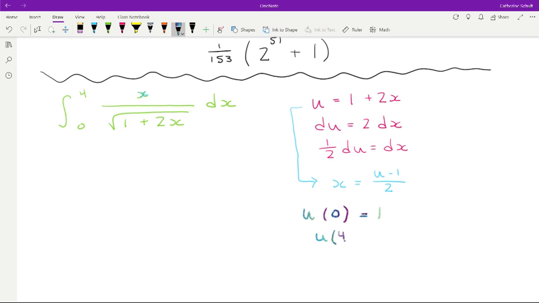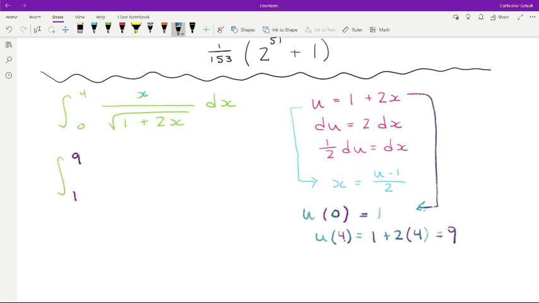And when x is equal to 4, again, I'm just using that formula, 2 times 4 is 8, plus 1 is 9. All right, so let's go ahead and substitute everything we know. So the new limits of integration, 0 to 4, turned out to be 1 to 9.